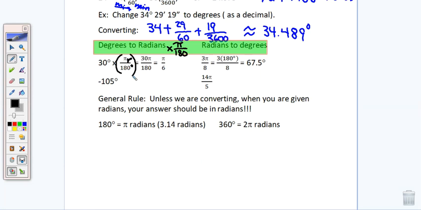Now watch this. This is pretty cool. So 30 times the pi up top becomes what? 30 pi. 180 is the only thing on the bottom here, okay? Now how about 30 over 180? Can that be reduced at all? Yeah, this is like how many pi up top? 1 pi. You guys agree that 30 over 180 reduces to 1/6? Okay.